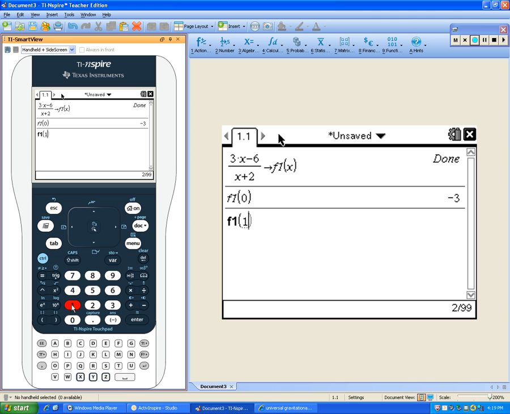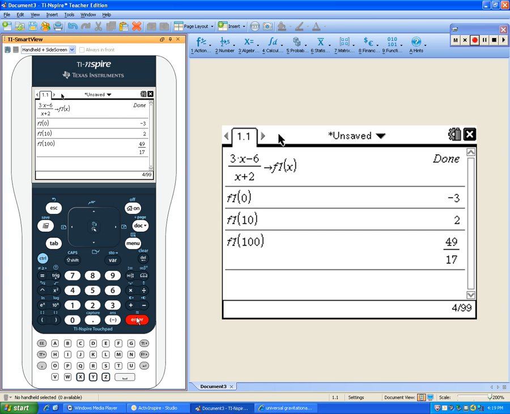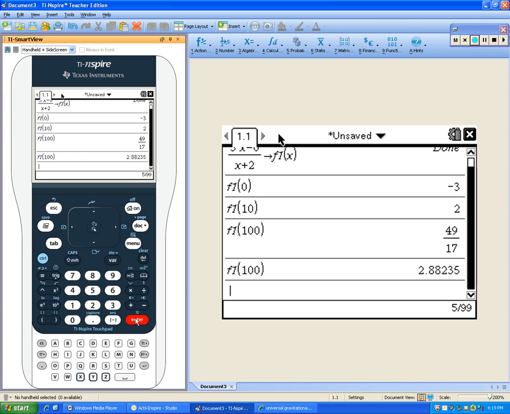So f1 of 10 is 2, but the function evaluated at 100. Now again, think about that. That's going to be 294 divided by 102. Now, seeing that as 49/17 doesn't help us a whole lot. Let's look at that as a fraction. There it is in fraction form.